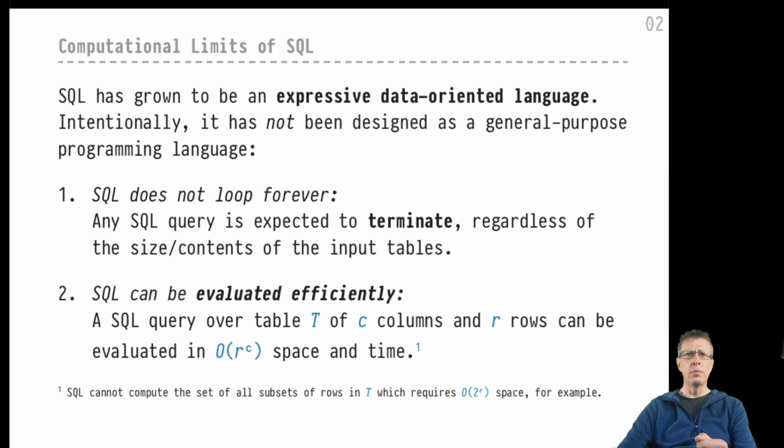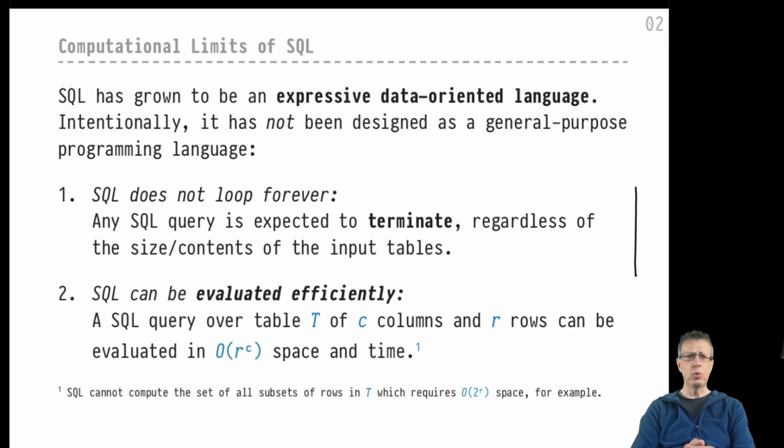You will never be able to write a SQL query that loops forever. You could easily do that in your favorite general purpose programming language, but you would not be able to do that in SQL. Any SQL query will terminate regardless of the size and the contents, the schema, and the number of rows, the cardinality of the input tables.